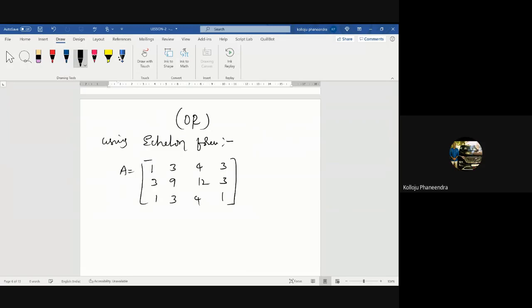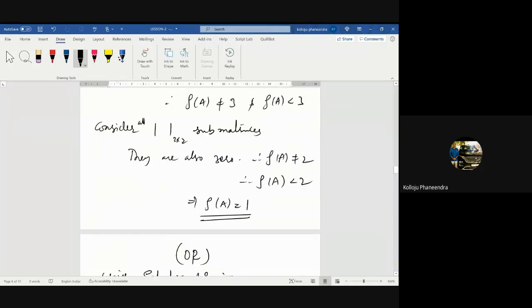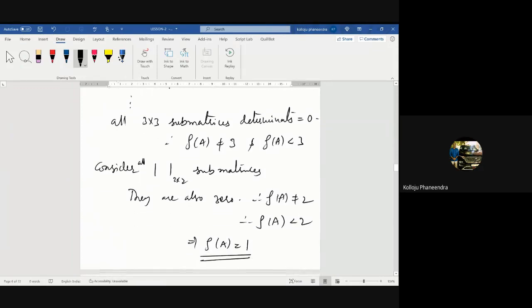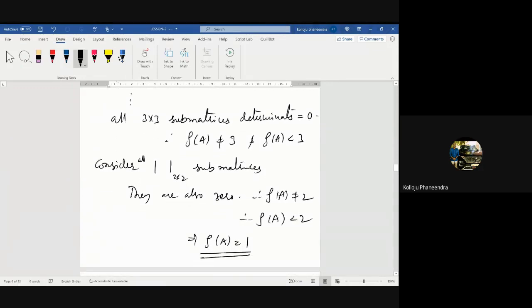Echelon form means what? Not all 2 by 2 submatrices are zeros. 4, 3, 12, 3 is not 0. That is why this method is somewhat not considerable. Consider all 2 by 2 submatrices.